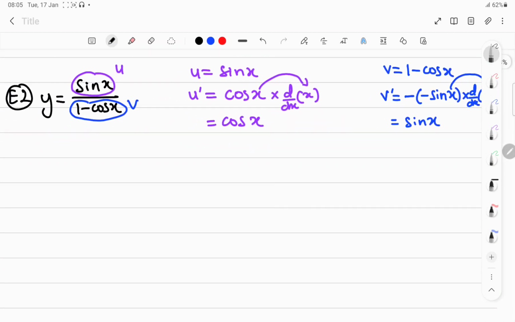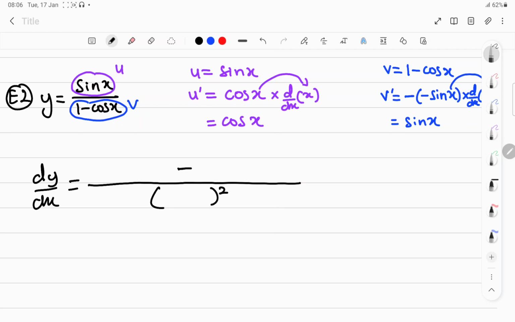Okay, next what to do? This is merely the quotient rule. We haven't written it nicely down here yet. So dy/dx, for quotient, what do we need? We need the long line over here, and down here we need square. In the middle we have minus. So how to do quotient rule?